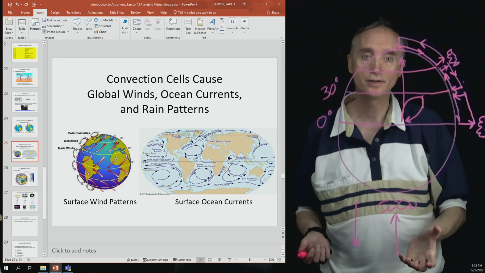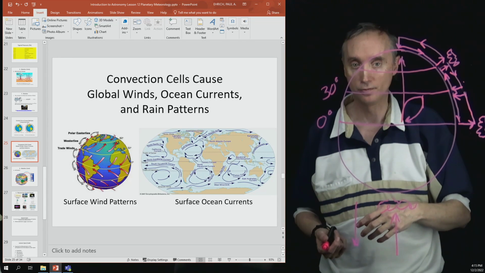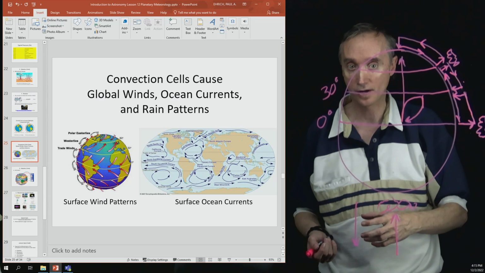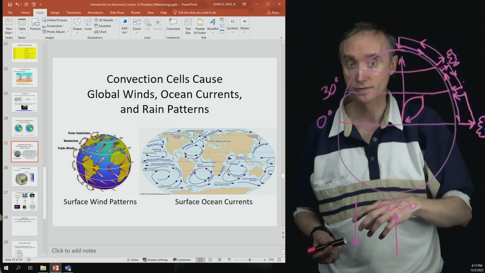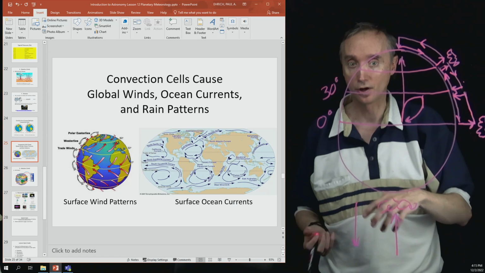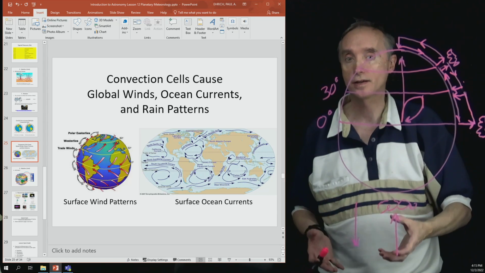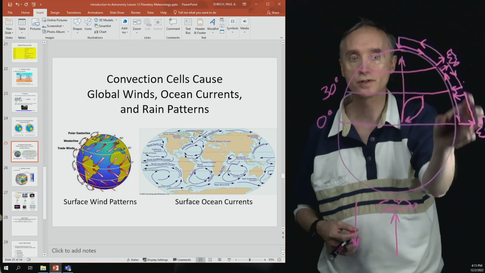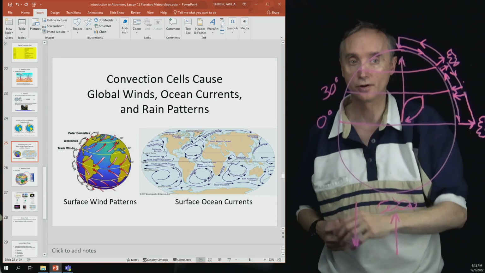And so we're not going to get into it, but you can learn about, for example, the trade winds, and then how the trade winds cause the Gulf Stream and things like that to occur. But I just want you to see that the wind systems can affect the ocean currents as well.